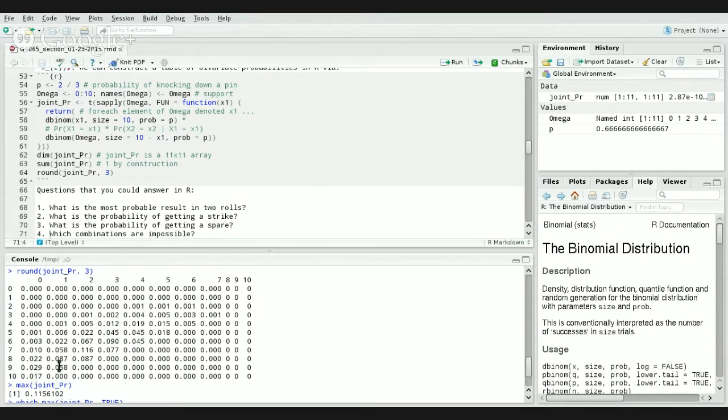So that would be the event that you knock down 9 pins on your first try and 1 on your second try, 8 on the first try, 2 on the second try, or 7 on the first try, 3 on your second try, 6 and 4, 5 and 5, 4 and 6, 3 and 7, 2 and 8, 1 and 9, and 0 and 10.